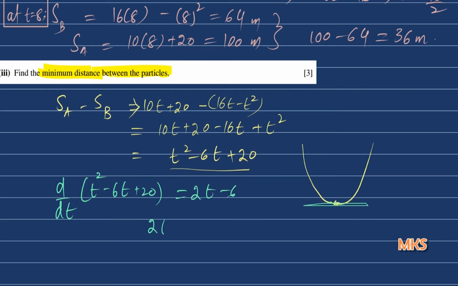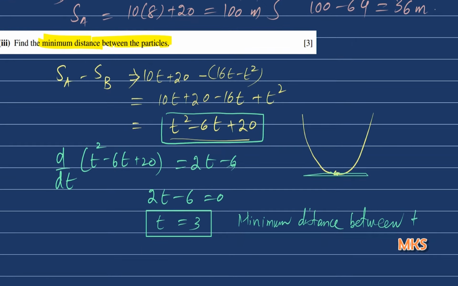So 2t minus 6 is put equal to 0, which will give us t is equal to 6 over 2, which is 3. So the minimum displacement will be at t is equal to 3. So to find the minimum value, we will put t is equal to 3 in this one.